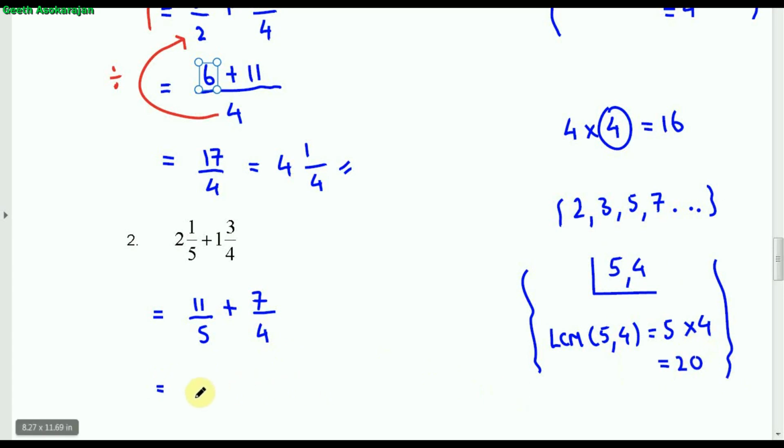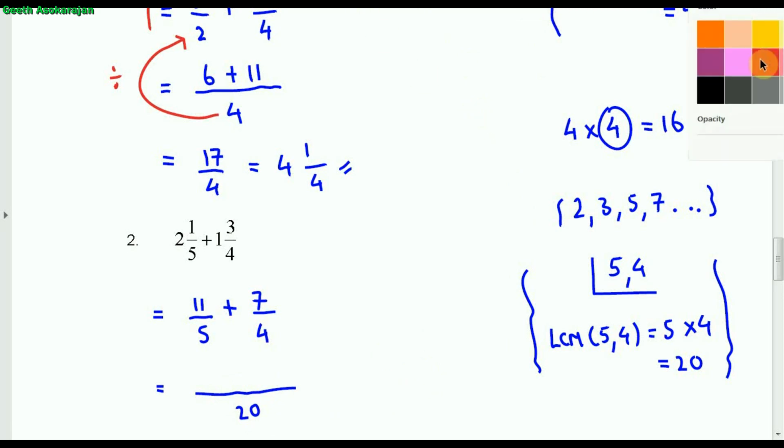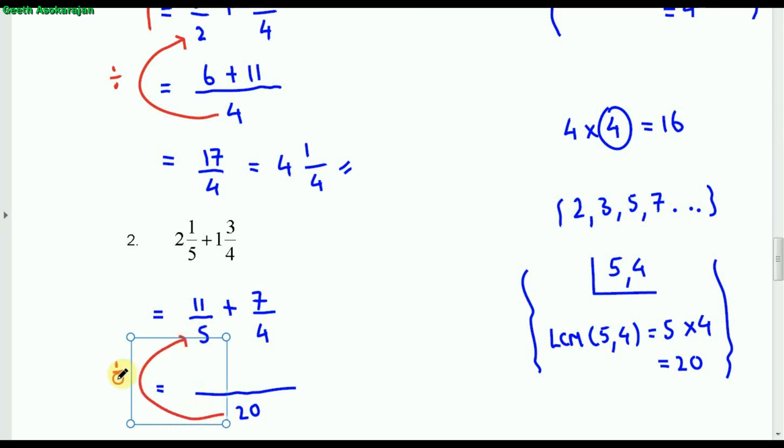So that 20 is going to be the denominator of the resulting fraction. So let me write down that 20 here. And remember the next step is we divide and then we multiply. So divide by the denominator, multiply the answer by the numerator.